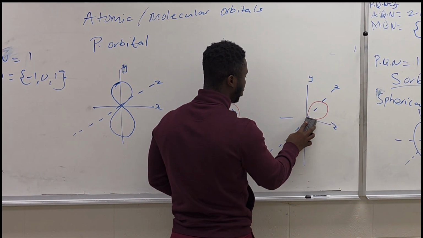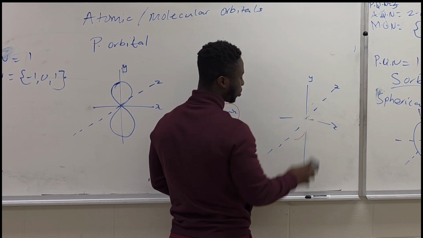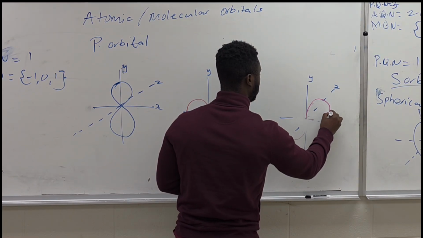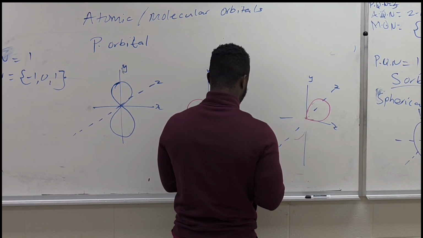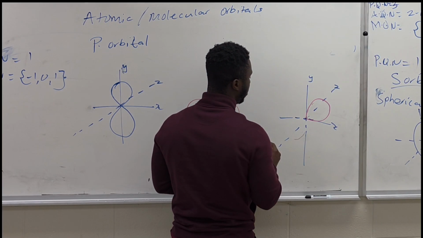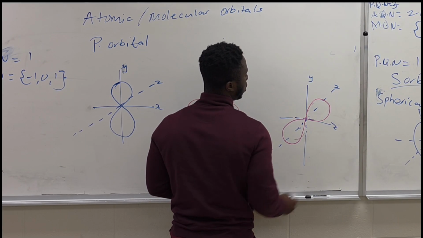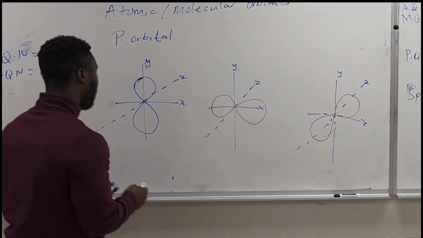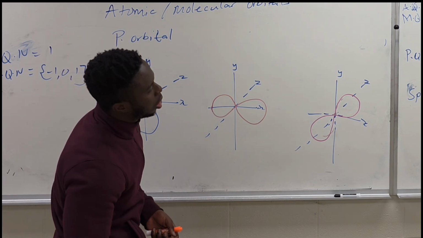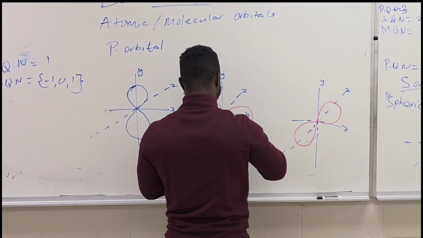Sorry, let me draw it with a different marker so it's easier to visualize. Yep, so something like this, right? So with the superimposed P, the P subshell, we are going to have something that will look like this.